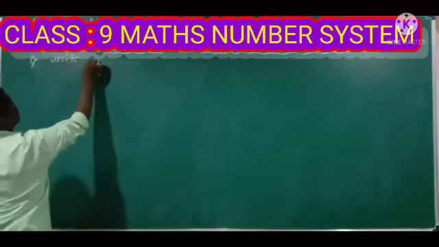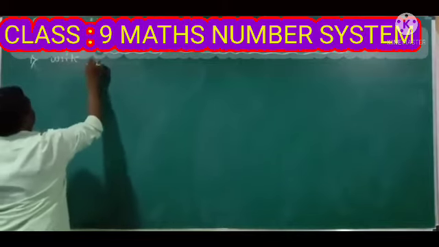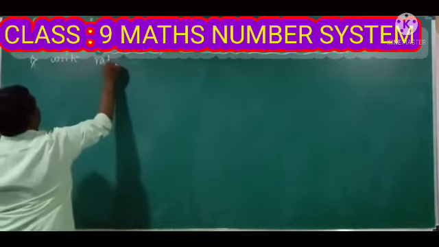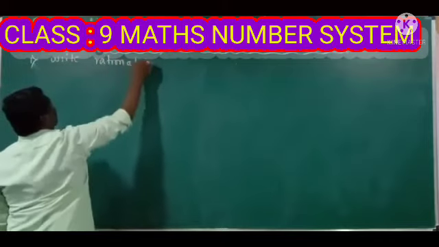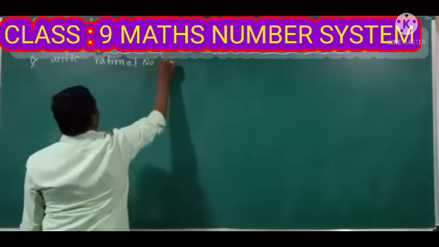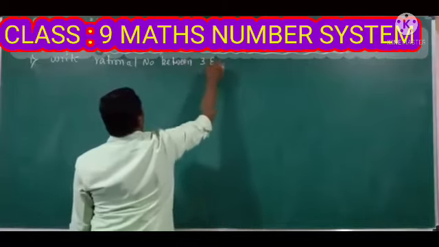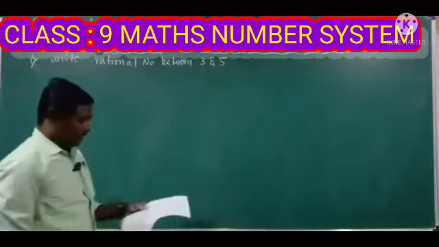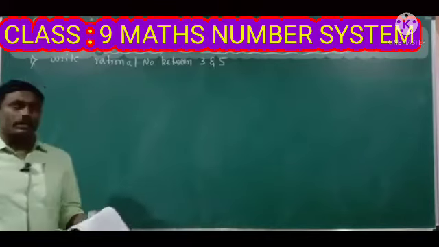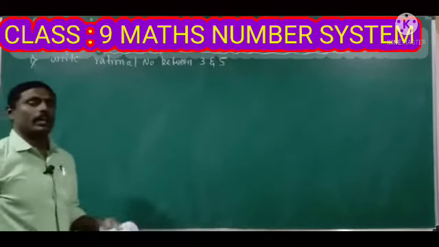Write the rational numbers between 3 and 5. This is the first type of question.